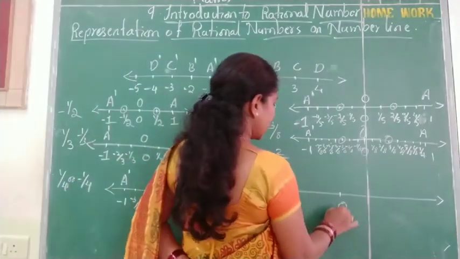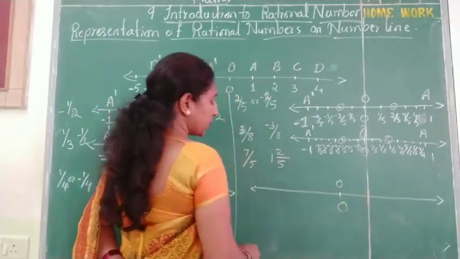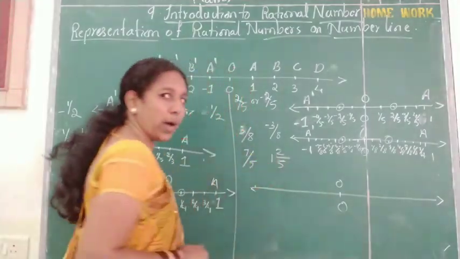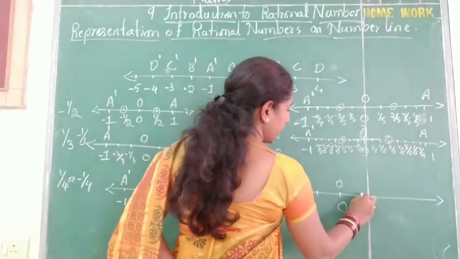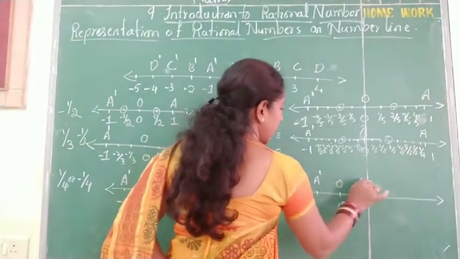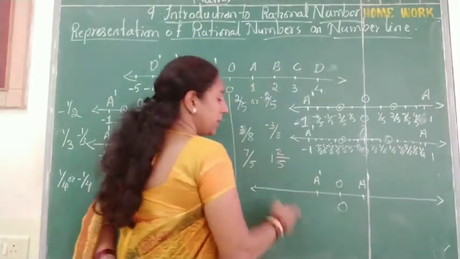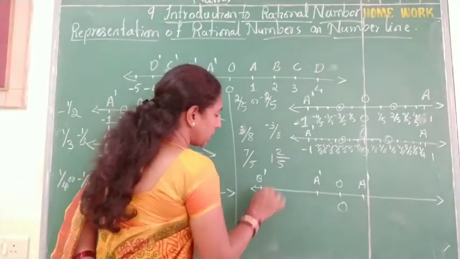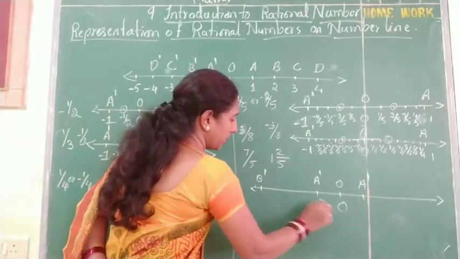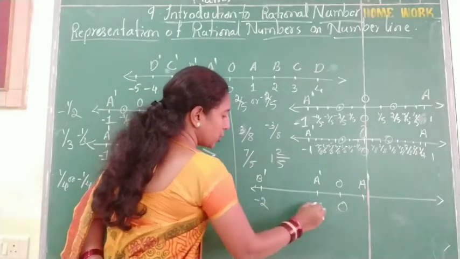So in the middle 0. Next will be more than 1. So here what I will do, I will write here near only, this is A dash, A. But here I should mark here, correct? Here I will take B dash, this is minus 1, this is minus 2.